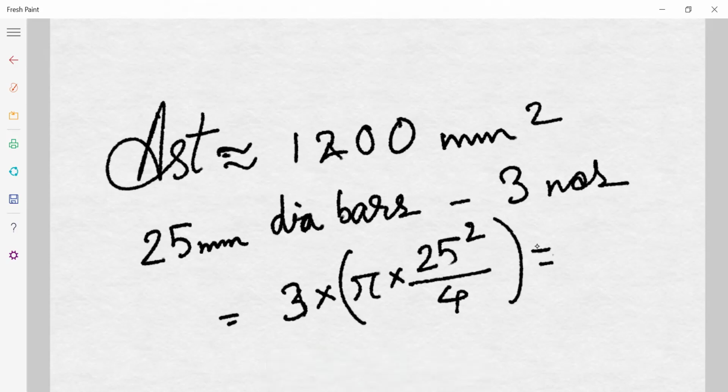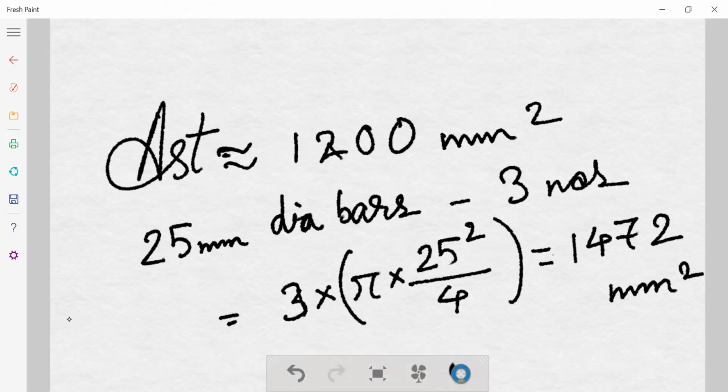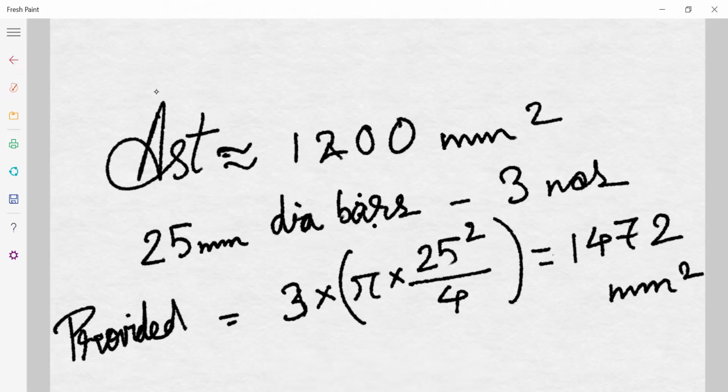Just calculate how much you'll get. So 1472. I'm giving around 1472 mm square AST provided. So this is about the moment.